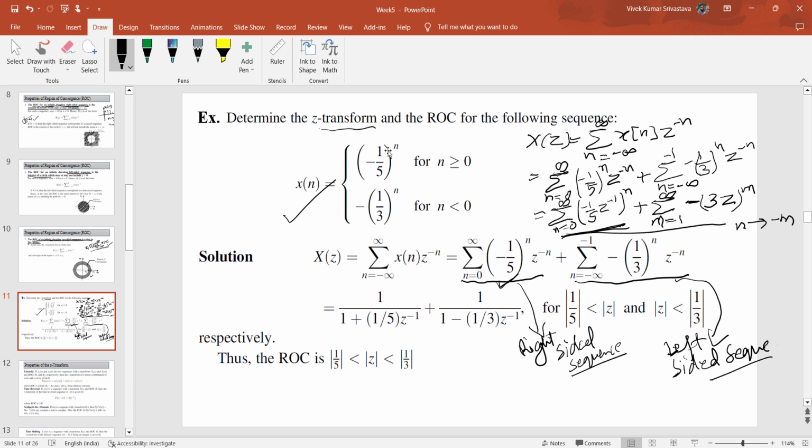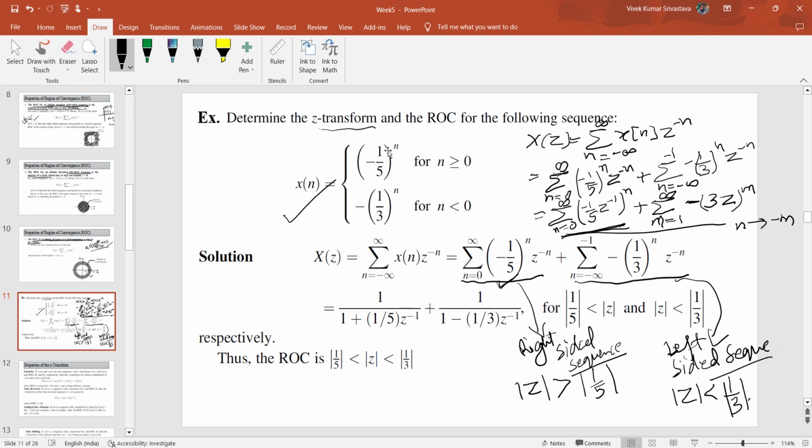As we know, for a right sided sequence, the ROC is defined as mod of z greater than mod of 1 by 5, whereas for a left sided sequence, mod of z is less than mod of 1 by 3.